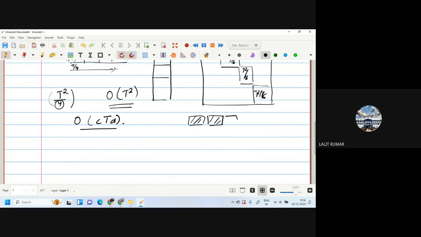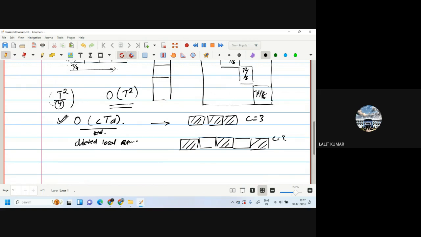This is a normal local attention, and the second one was dilated local attention. And in dilated local attention also, your C remains the same, but where you are paying attention becomes different. For example, here it might pay attention to these two. But for both, C is equal to 3, here also C is equal to 3. And for local attention and dilated local attention, your computational complexity is CTD. Is that okay? Got it.